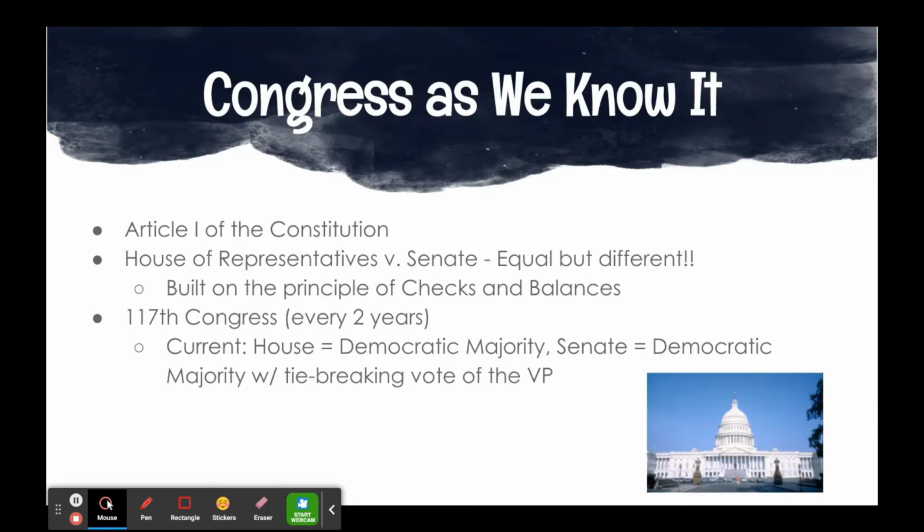Now the Senate is not so simple. The Senate currently is tied 50-50, so there are 50 Republicans and 50 Democrats. However, politicians do consider the Senate to be a Democratic majority because of the tie-breaking vote that the vice president brings in.